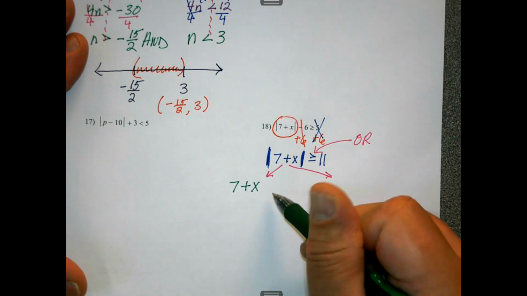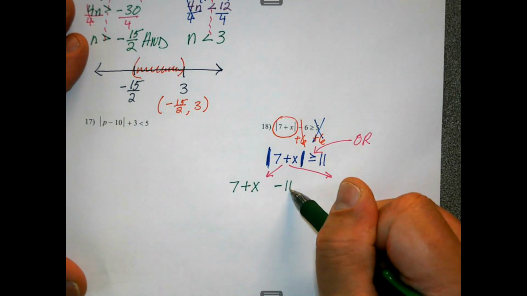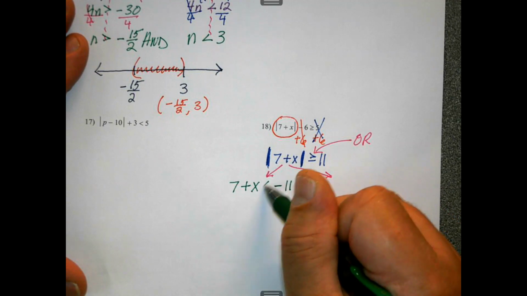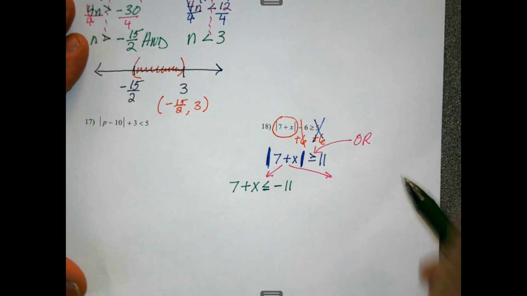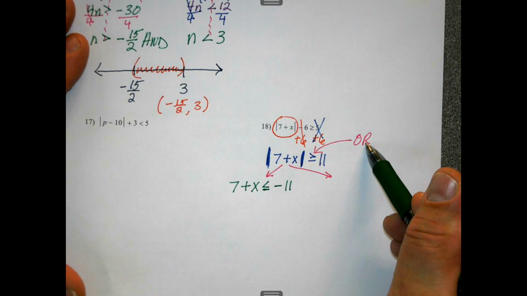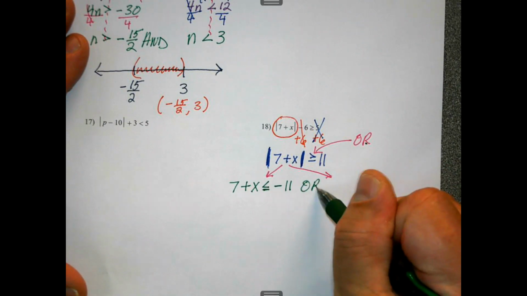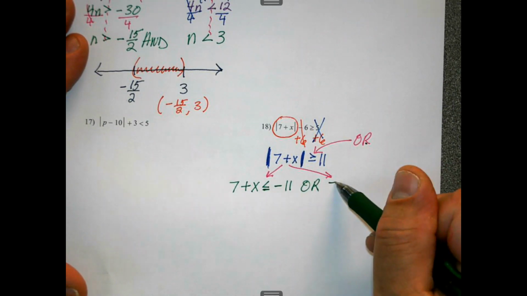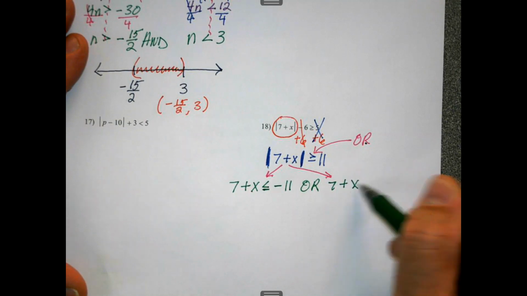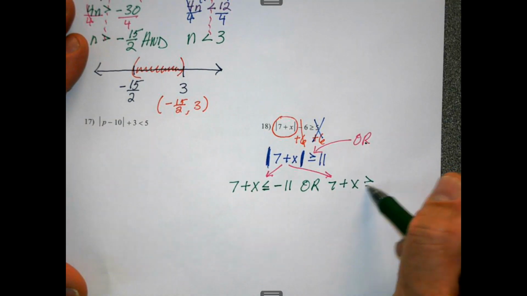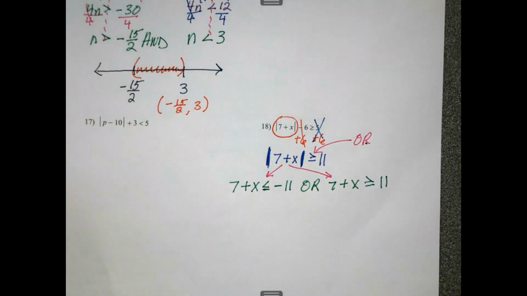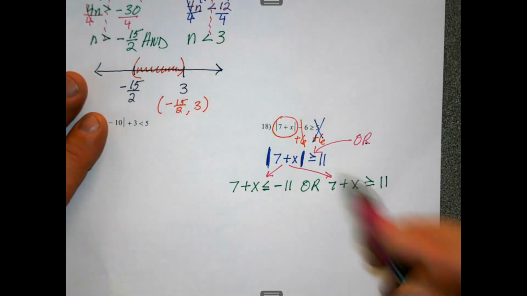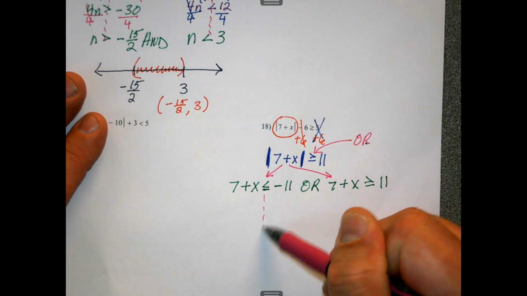I like to put my negatives first, so I'm going to use negative 11, which means I have to flip my sign. We determined it was an or statement. Take my 7 plus x and keep what's there, greater than or equal to 11. Solve each one of these.